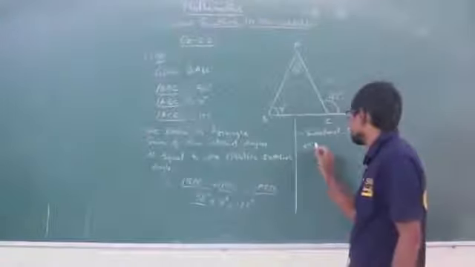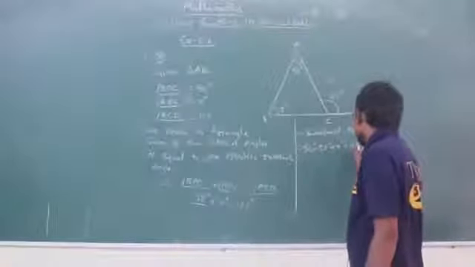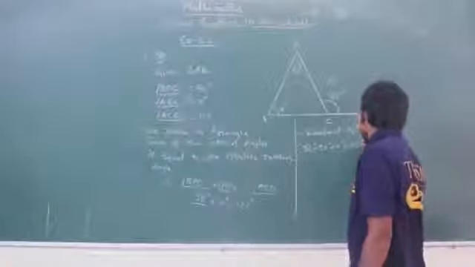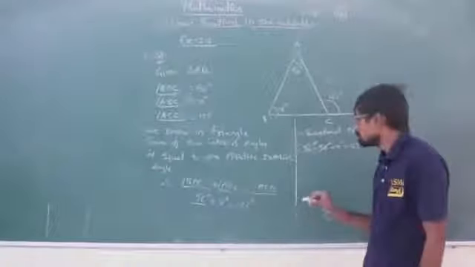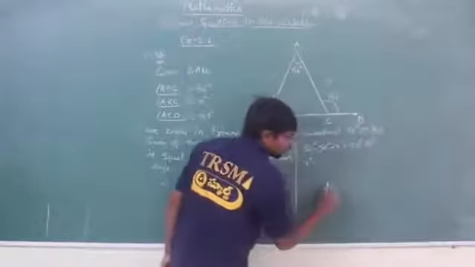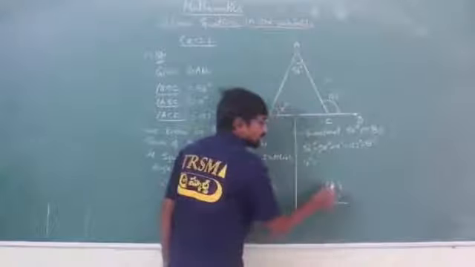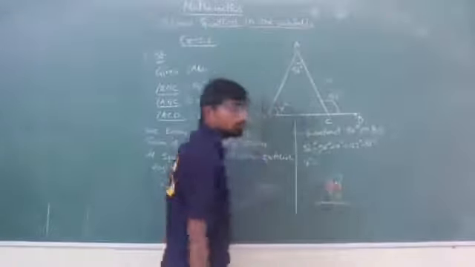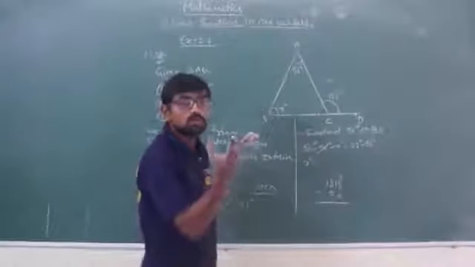So 56 degree minus 56 degree plus x degree is equal to 123 degree minus 56 degree. Plus 56 minus 56 will become 0. So x degree is equal to 123 minus 56. Here I can't subtract directly, I have to take a borrow. 13, 6, 7, 8, 9, 10, 11, 12, 13.